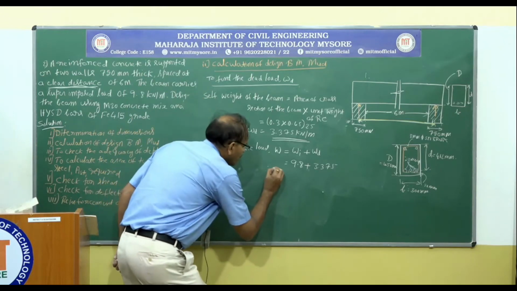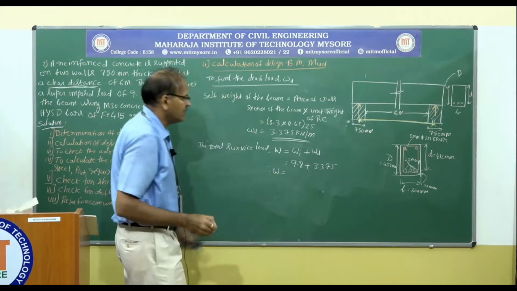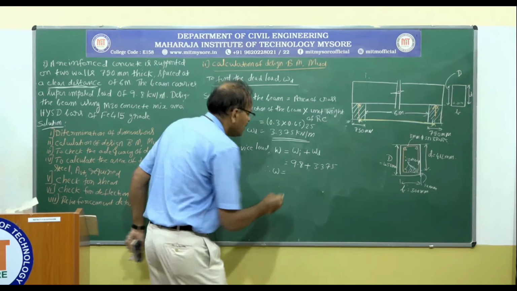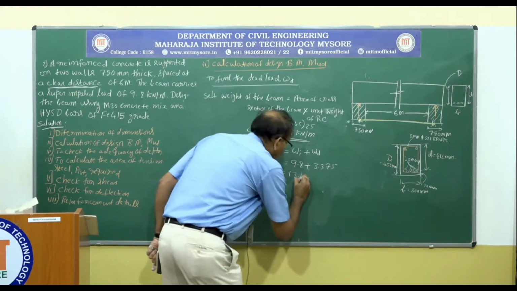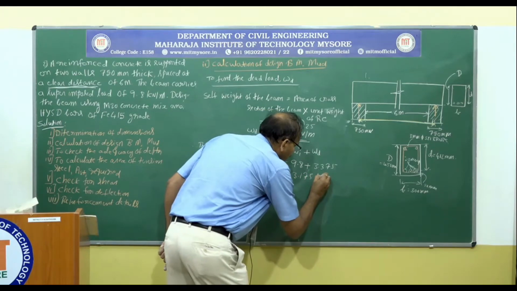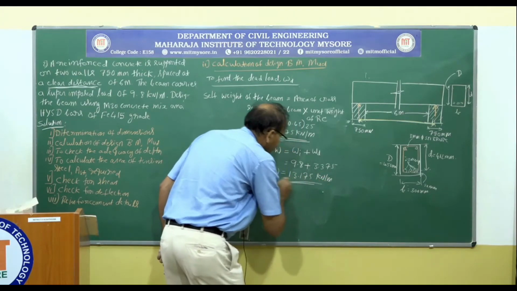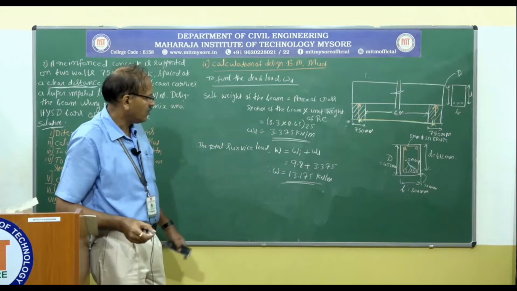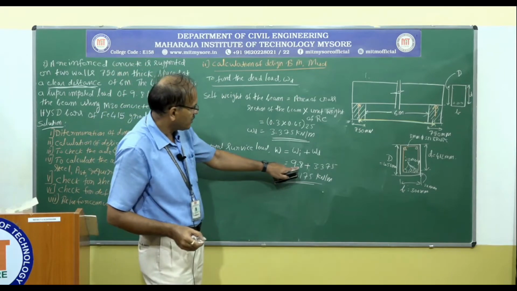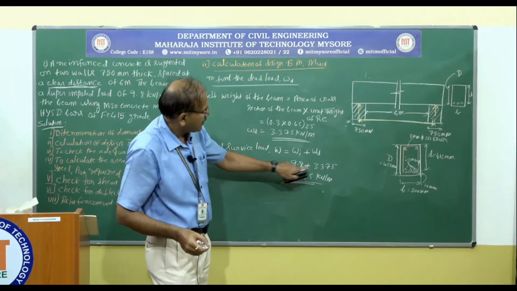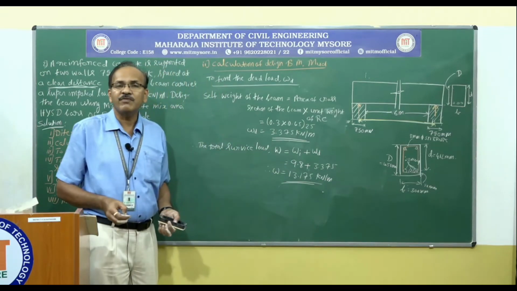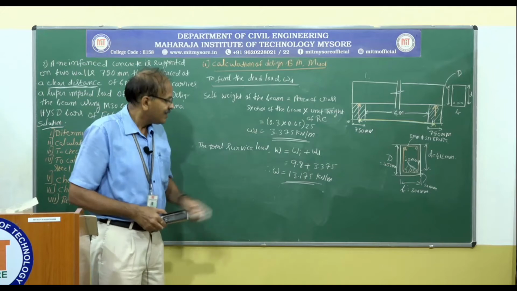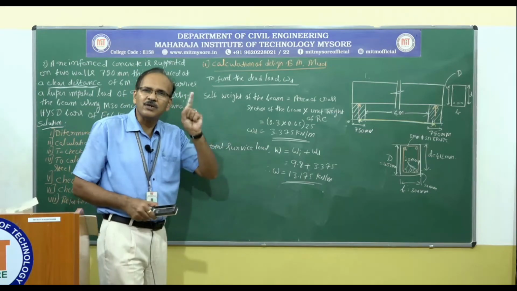Therefore, W equal to 13.175 kilonewton per meter. That is the total service load.